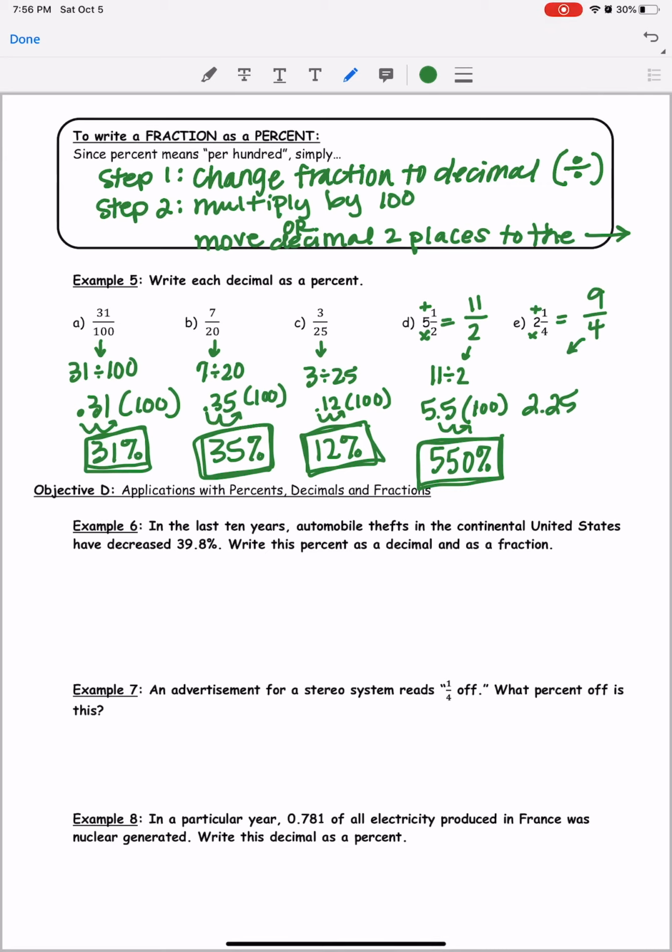And so when you put in your calculator 9 divided by 4, we should get 2.25. Yes, so now either multiply that by 100 or take your decimal and move it 2 places. We'll get 225%.